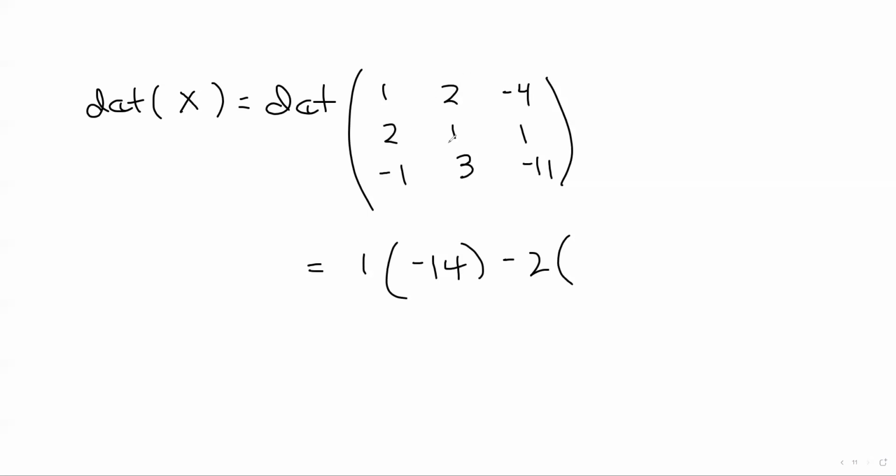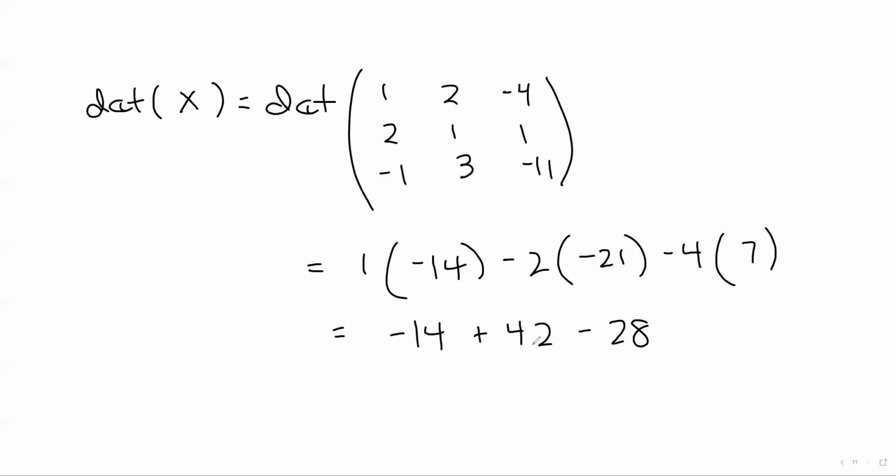This guy times the determinant of this 2 by 2, so we get -22 plus 1, that's -21, and then -4 times 6 plus 1. So 6 plus 1, that's 7. So that's -14 plus 42 minus 28. -14 plus 42, that's good, that is 0.